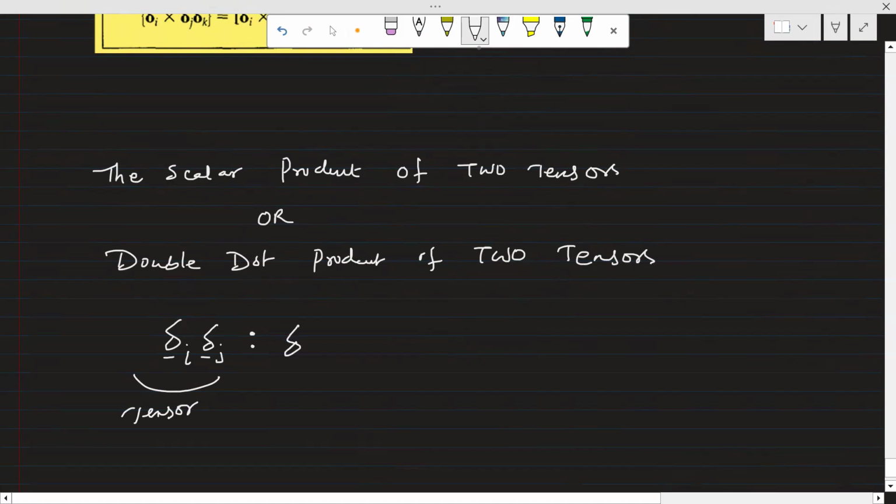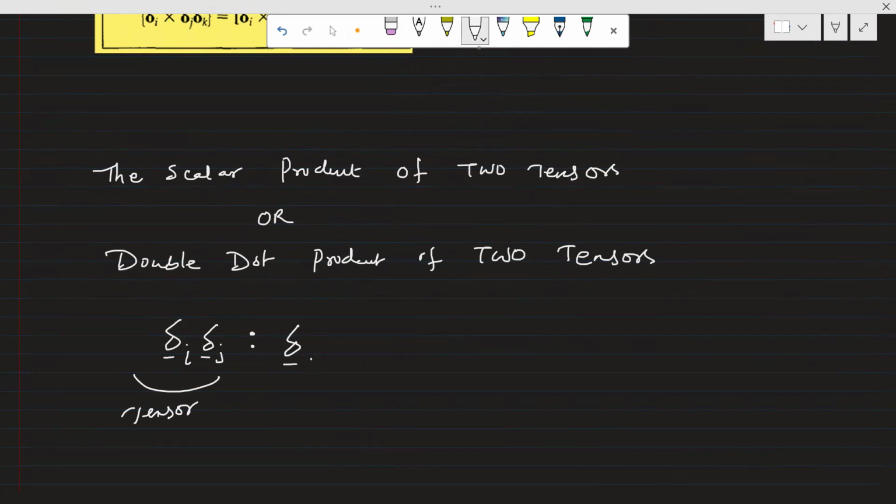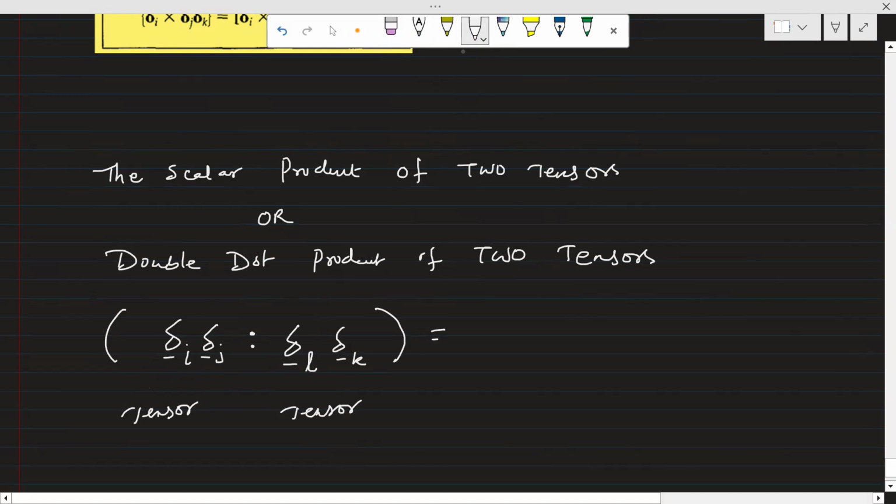Then another tensor, delta l, delta k, put together another tensor. So scalar product of two tensors. Now it becomes a scalar product of two tensors. How can this be written?